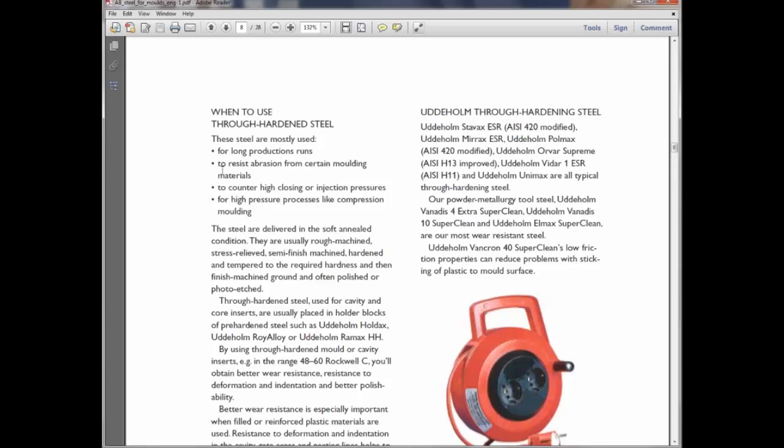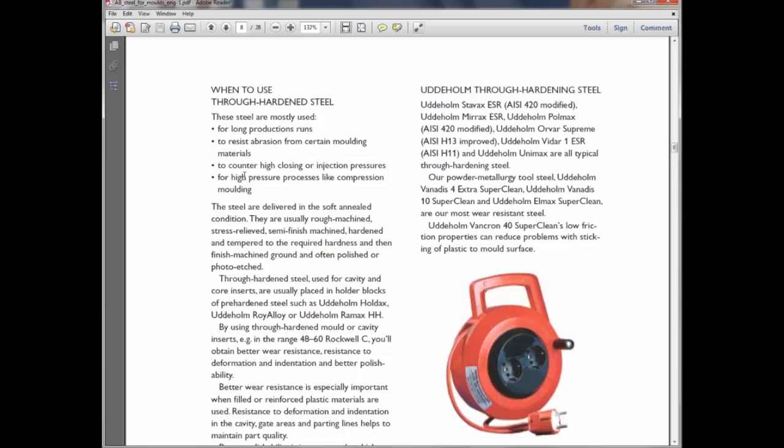It resists abrasion from certain molding materials and counters high closing or injection pressures, because we apply a lot of pressure at the time of plastic injection, so the die, the core and cavity, should be strong enough to sustain that pressure.